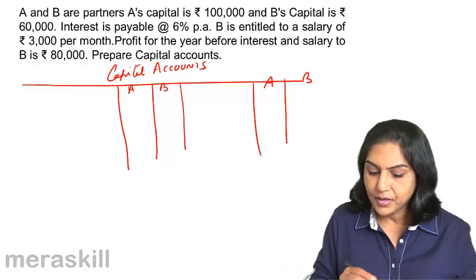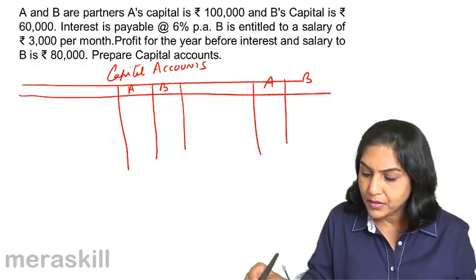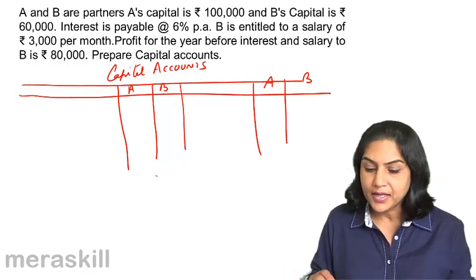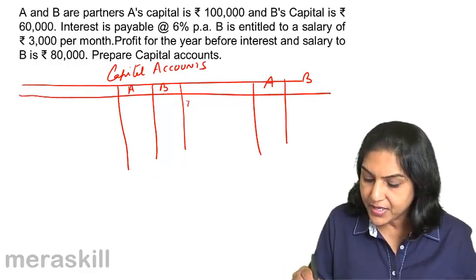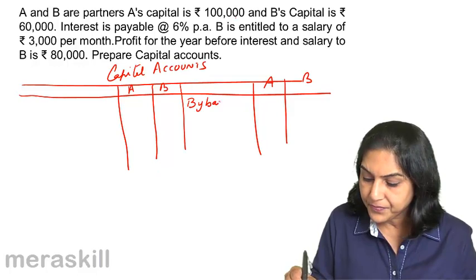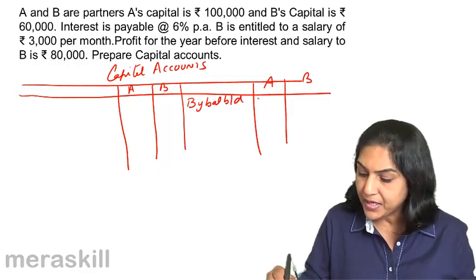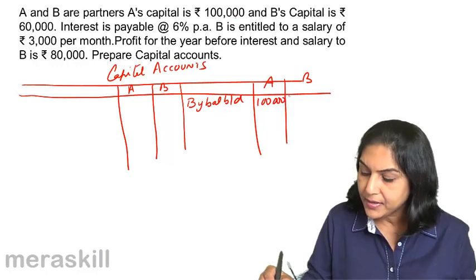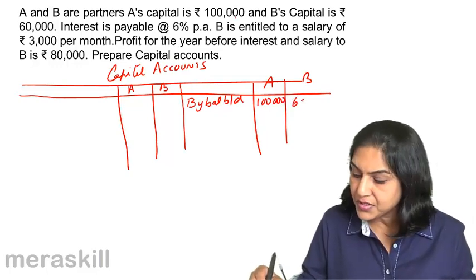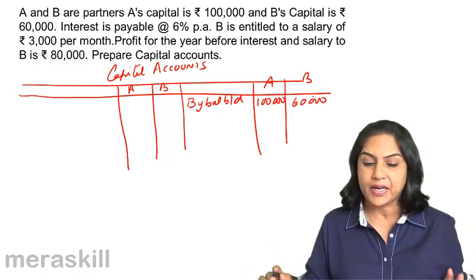So what would this look like? The balance that they have is, A has a capital of 1 lakh, B has a capital of 60,000. So this is the capital accounts.